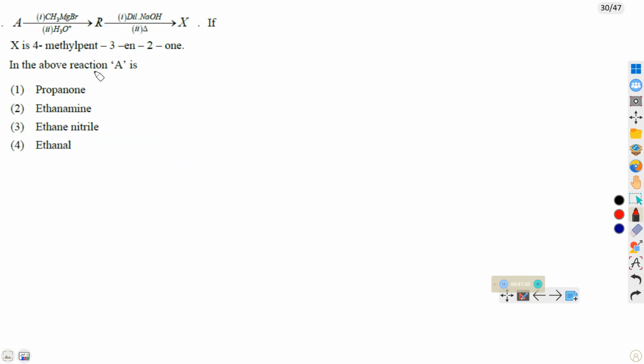Identify A in the above reaction. Take ethane nitrile, CH3C triple bond N, which reacts with Grignard reagent CH3MgBr. Break the bond between carbon and nitrogen: nitrogen negative, carbon positive.